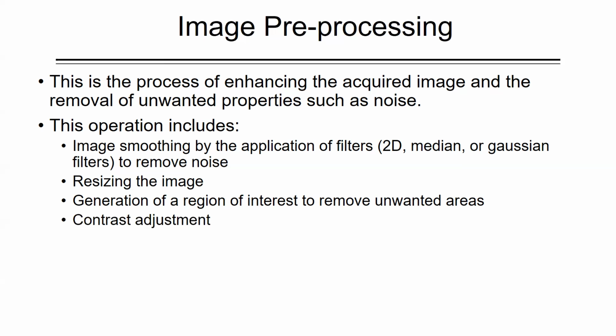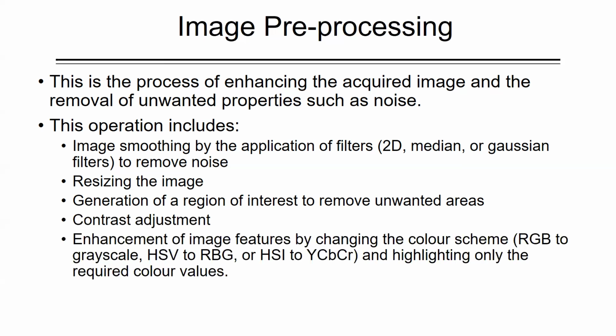Sometimes you might need to adjust the contrast of the image, make it brighter or darker. In some applications, making the image brighter or darker highlights certain areas of the image that would make processing better. You can also enhance features by changing the color scheme. Maybe from a colored image, you convert it to grayscale, what we know commonly as black and white, or just highlight particularly colored areas in the image that you're interested in.